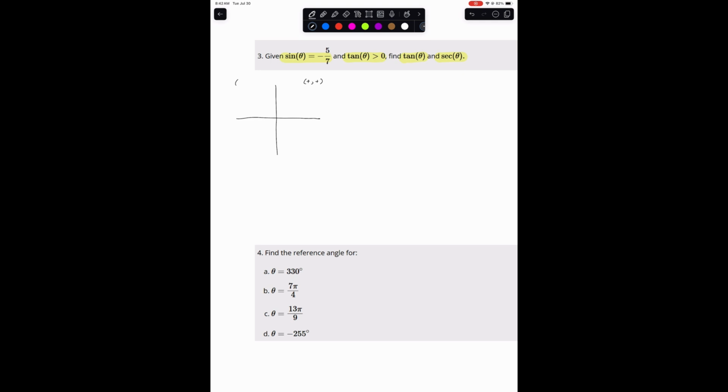In the second quadrant, you have a negative cosine, positive sine. Third quadrant, negative cosine, negative sine. In the fourth quadrant, positive cosine, negative sine. Now, for tangent being greater than 0, that means we need a positive tangent. And that only happens if both sine and cosine are the same sign. That means I'm looking at an angle that's either here or here.